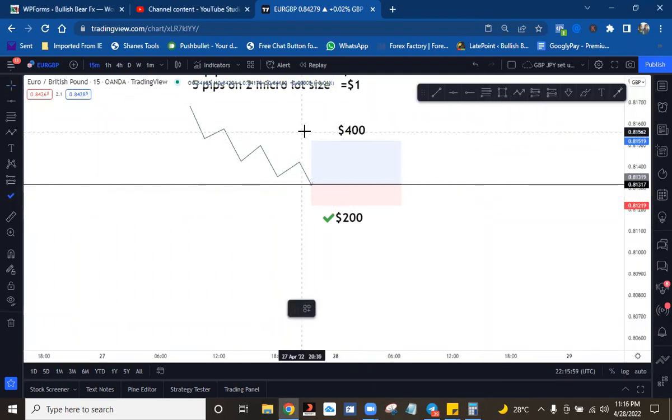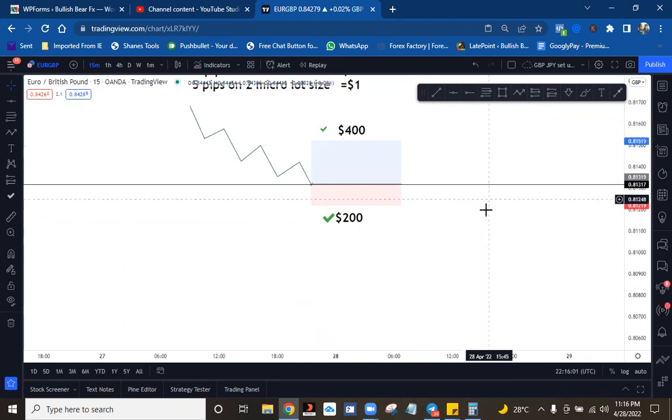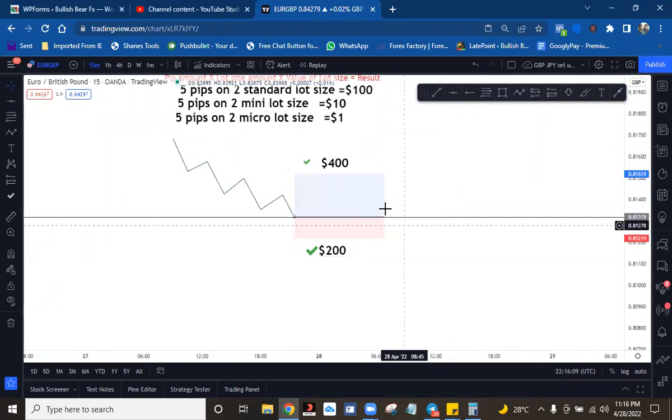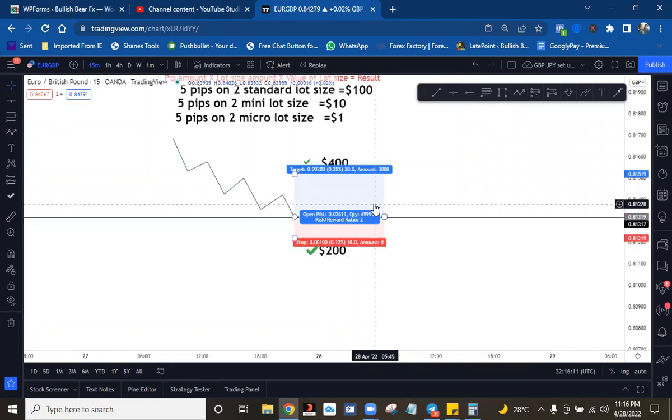Correct. So you can imagine, as a trader, you're targeting only 20 pips, and you're already making $400. What is the secret? The secret is your 2 standard lot size.